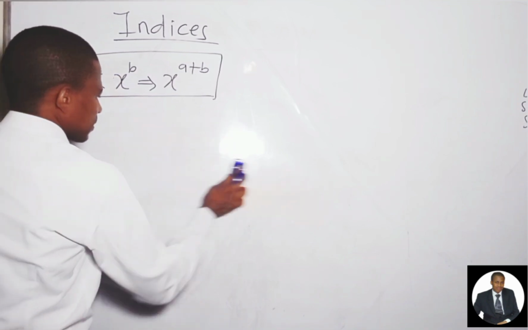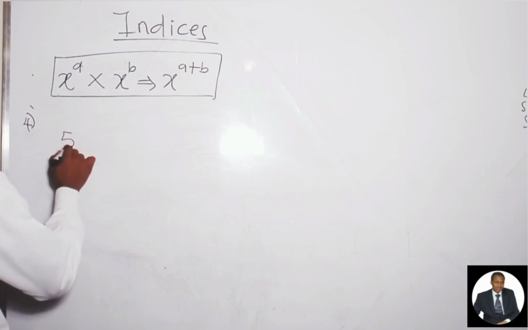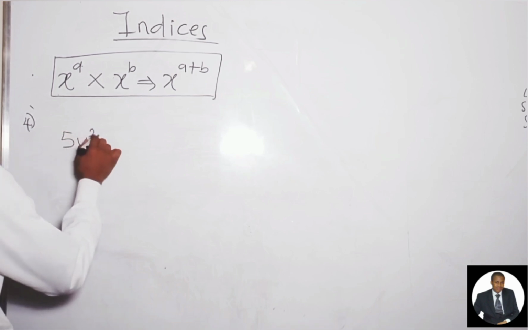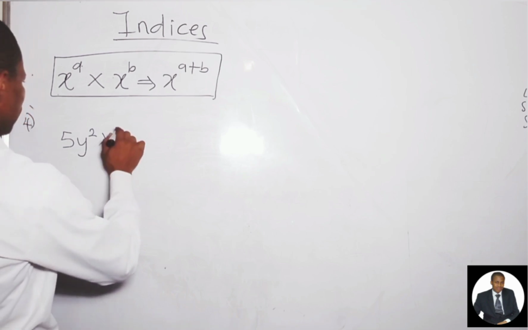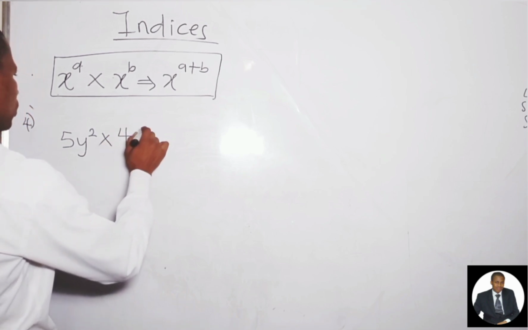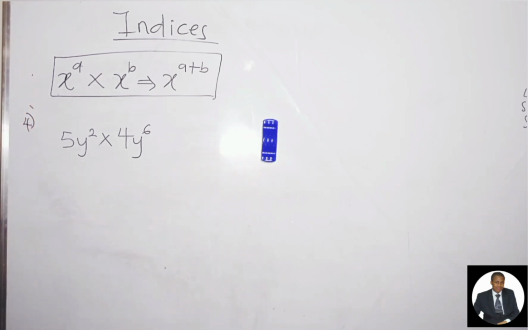Let's give another example that has to do with a mixture of figure and alphabet. We have 5y over 2 times 4y over 6. This is an extrapolation of the formula above.